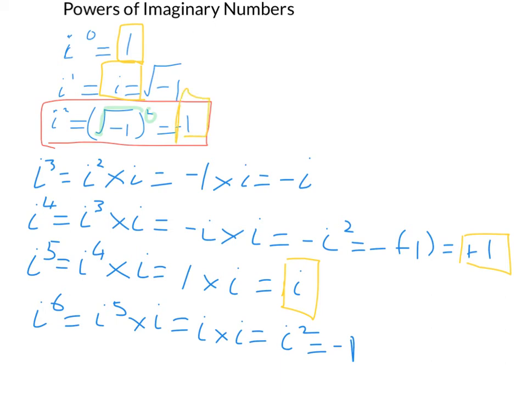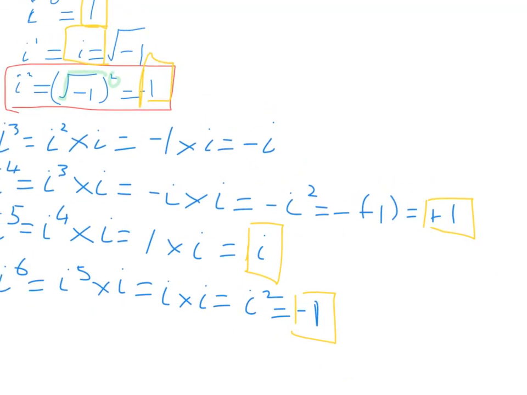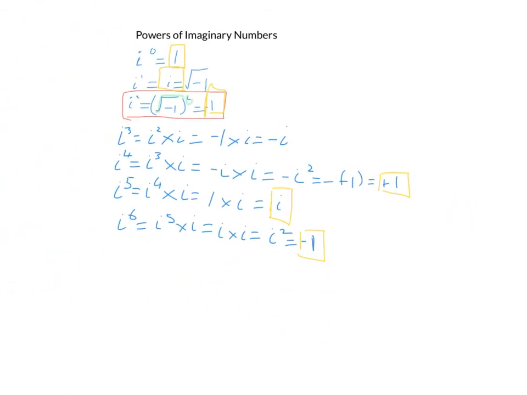So our answer before was minus 1, and now it's down to minus 1. So it basically cycles through all those depending on what number the power is. So it goes from 1 to i to minus 1.